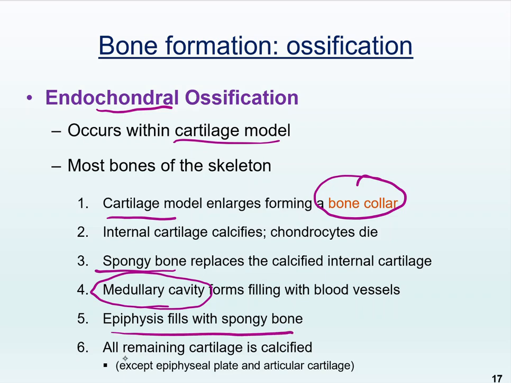Finally, any remaining cartilage will be calcified, except where you have those epiphyseal lines we've talked about, also known as the epiphyseal plate. That is where the bone will continue to lengthen. And of course, our articular cartilage is covering the ends of the epiphysis.